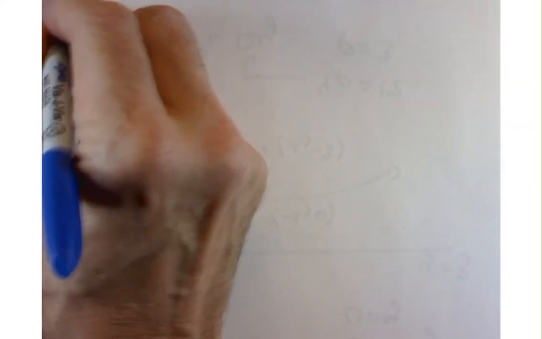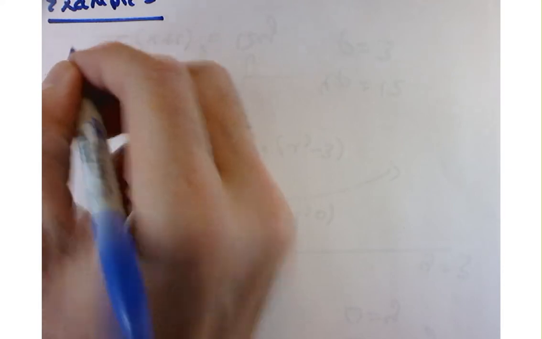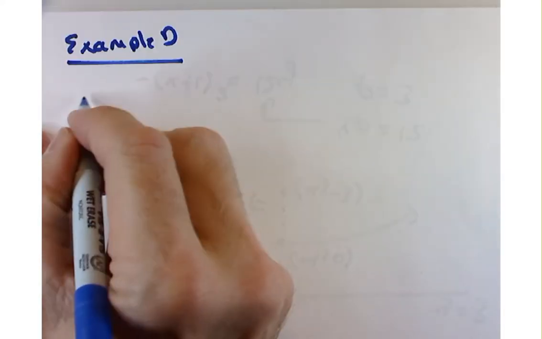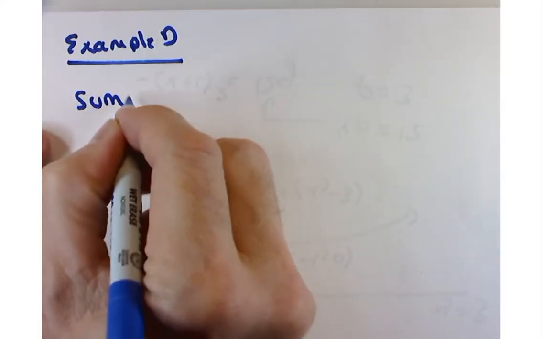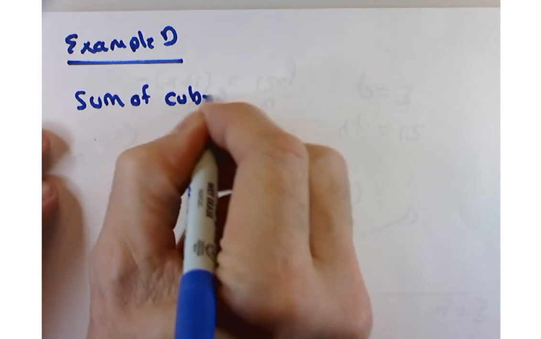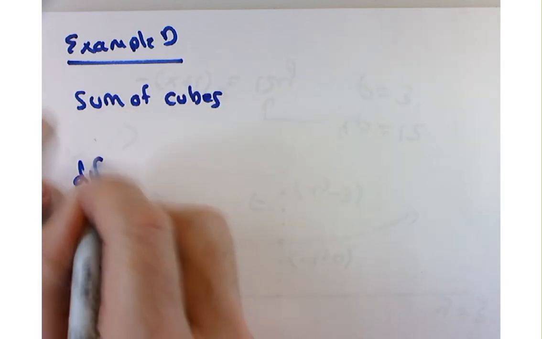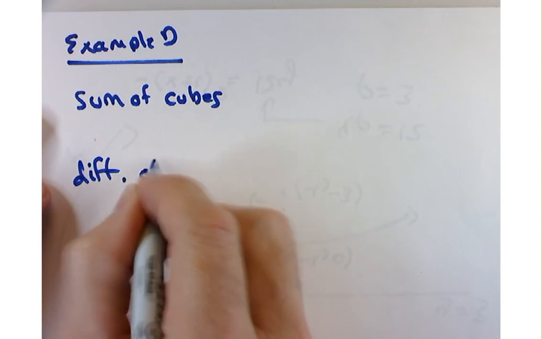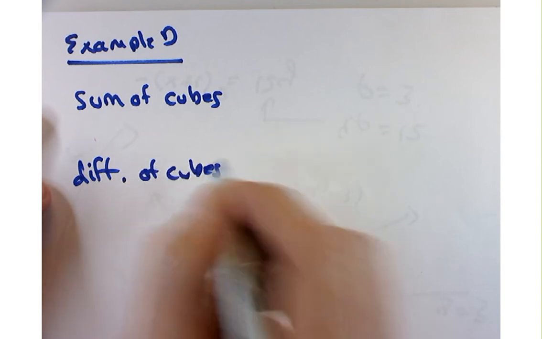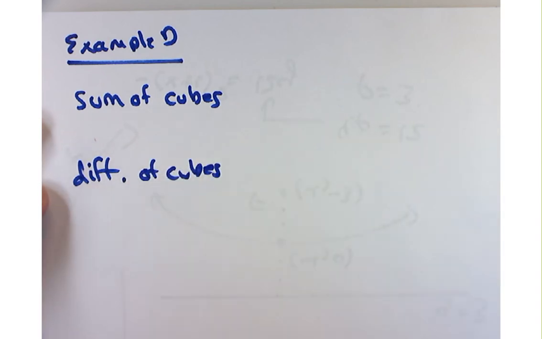Let's move on to example D. And I guess the first thing I want to do is go over a little reminder for us. Sometimes you have the sum of cubes, and sometimes you have the difference of cubes to deal with, or factor.